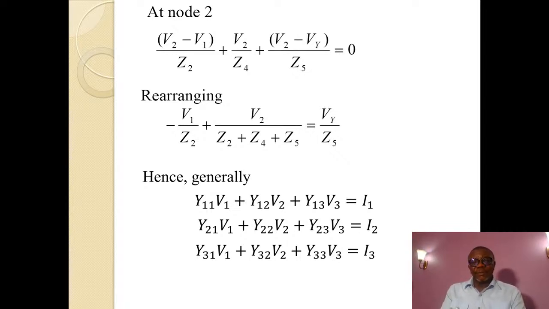Y21 V1 plus Y22 V2 plus Y23 V3 gives you I2. Y31 V1 plus Y32 V2 plus Y33 V3 gives you I3. So it becomes general, so that immediately you generate the equations, you plug them into the matrix notation and solve for your I1, I2, I3, I4, whatever.